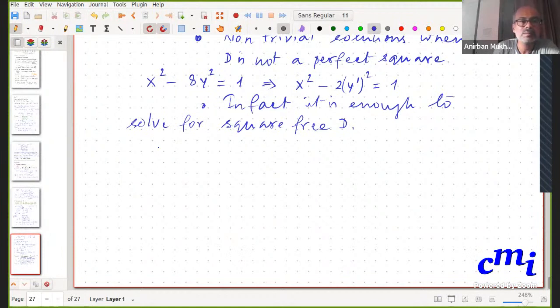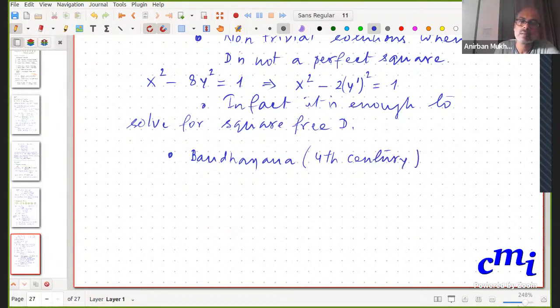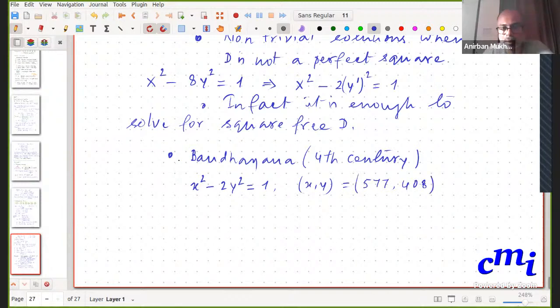We just mentioned, in fact, Budayana, an Indian mathematician from the 4th century, who solved the equation we actually solved now, and figured out this solution, x, y is 577.